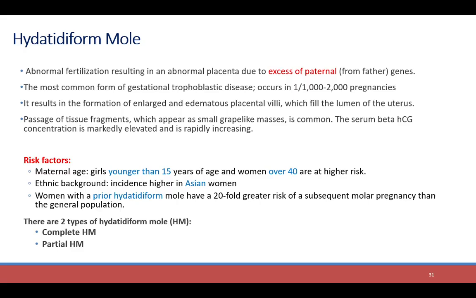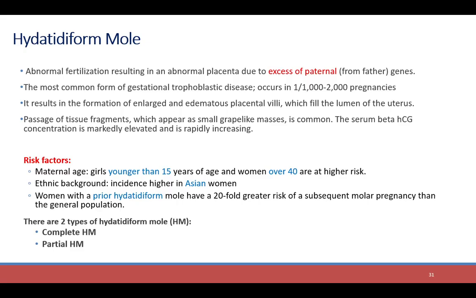If it's more than 40, it's a risk factor too. Ethnic group is clear cut, it's very well known that molar pregnancy is really common in Asian ethnic groups. So the Asian ethnic group has a higher incidence of molar pregnancy. A previous hydatidiform mole is a risk factor for molar pregnancy. So the confirmed ones are the age, the ethnic group, and the presence of a previous hydatidiform mole.